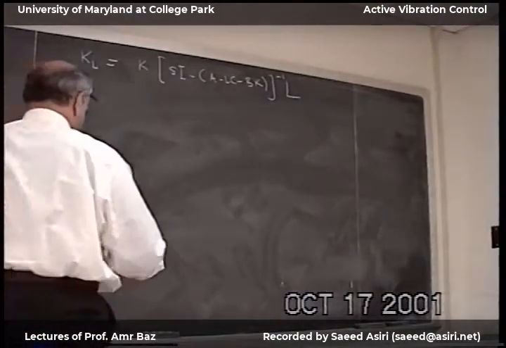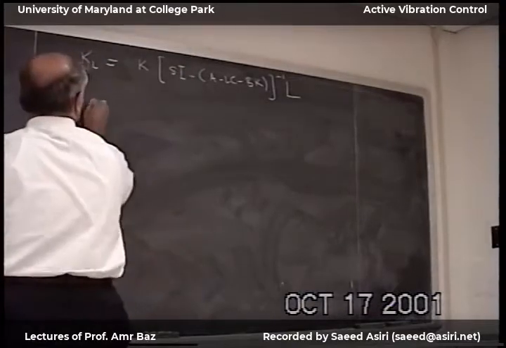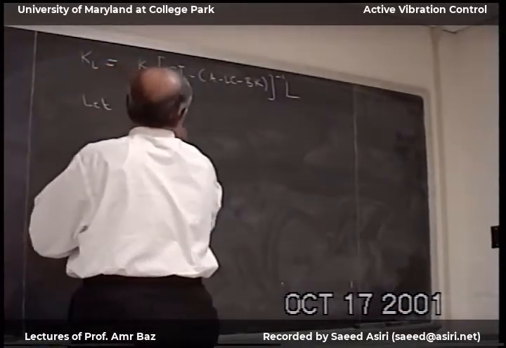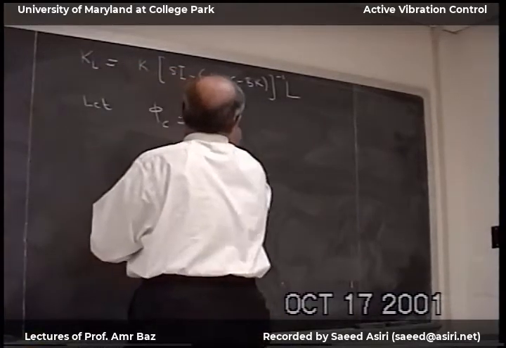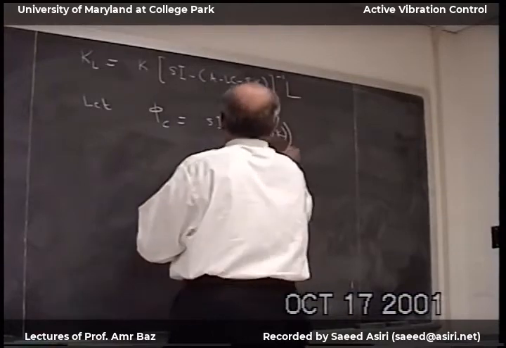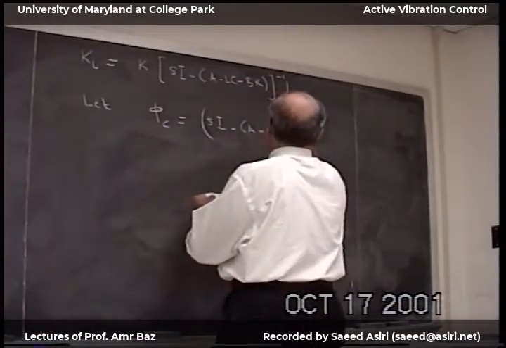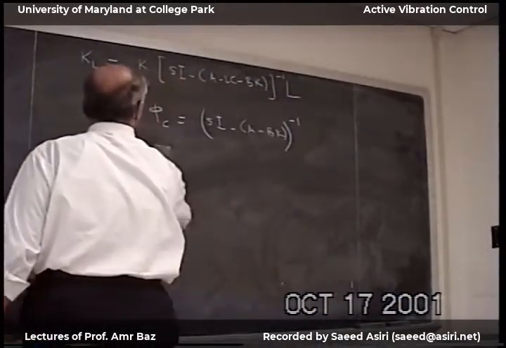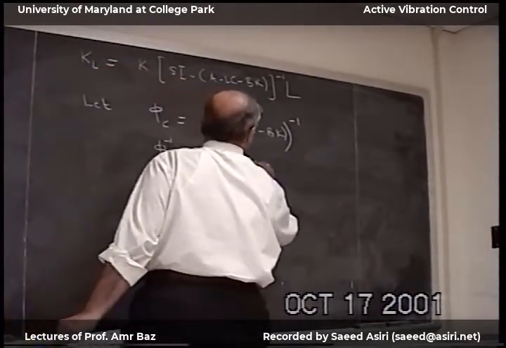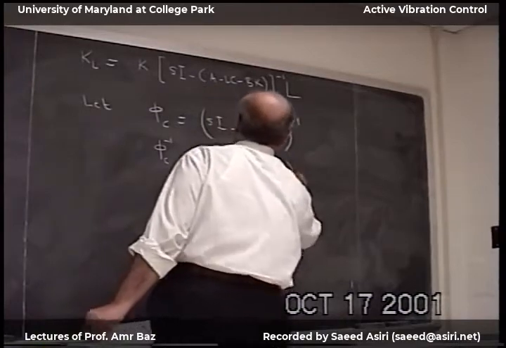Okay, we'll make a little note here again. Let phi C is equal to SI minus A minus BK, and the whole thing is inverse. Then phi C inverse will equal to SI minus A minus BK.